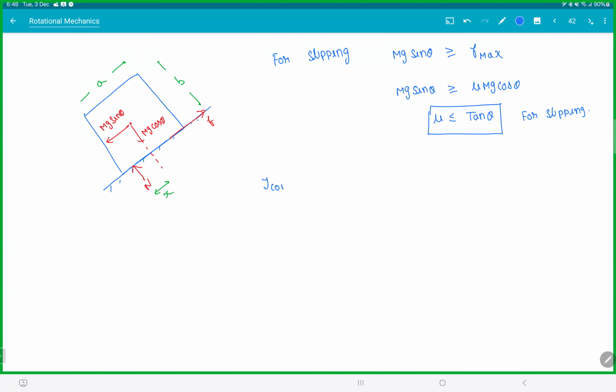Now I'll take torque about the center of mass: torque due to mg, torque due to friction, torque due to N. It is 0 because it's not toppling. mg is gone. The torque of friction will be F into the perpendicular distance, which is B by 2, in the k cap direction, and this would be N into x minus k cap, equal to 0.